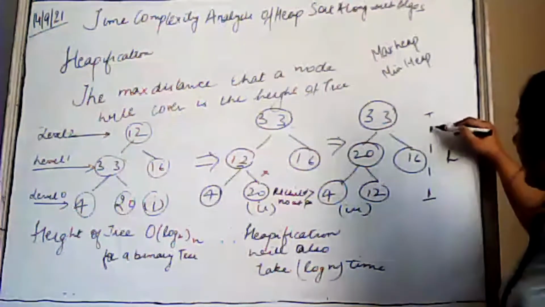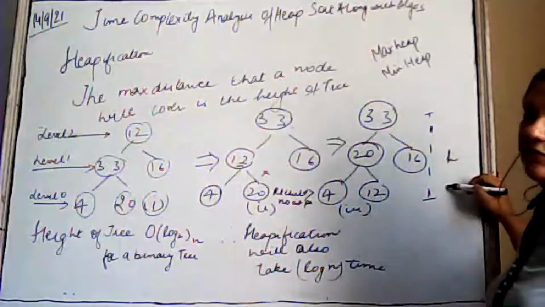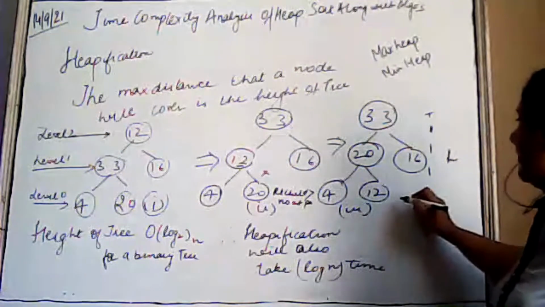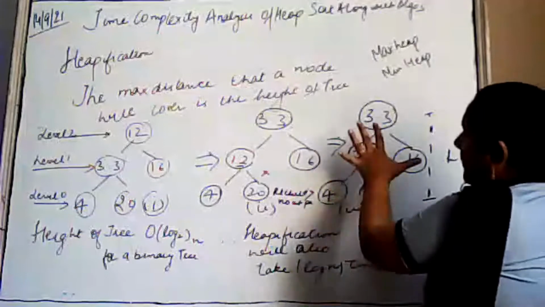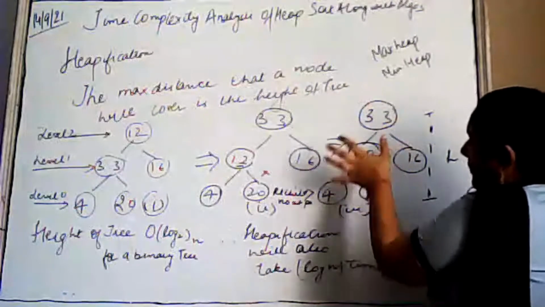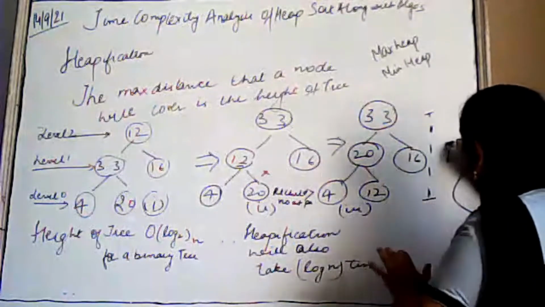So the maximum distance a node would cover in order to heapify the entire tree would be the height of the tree.